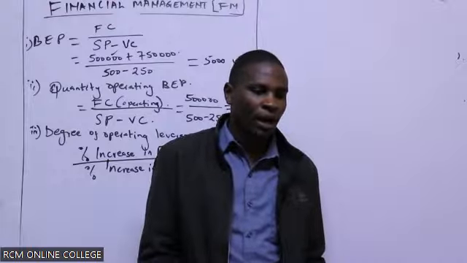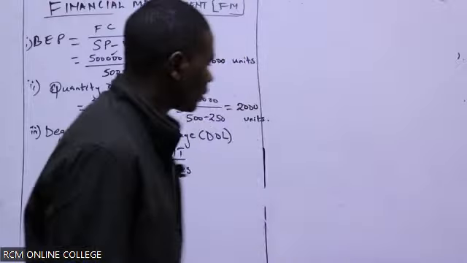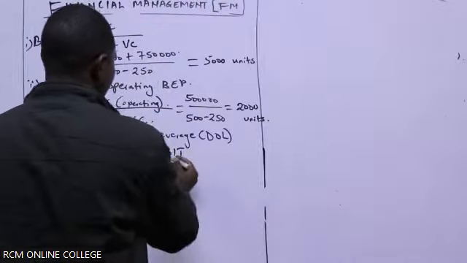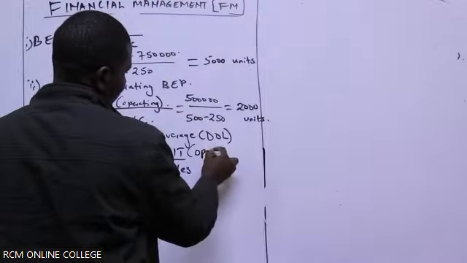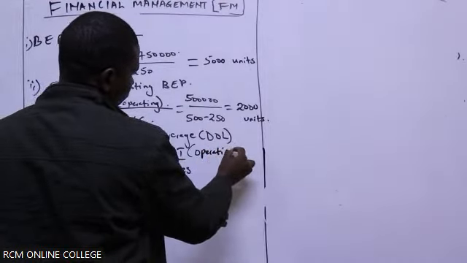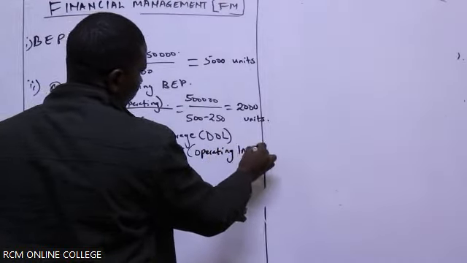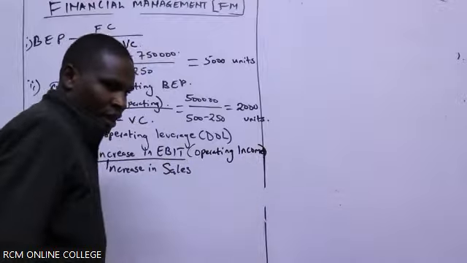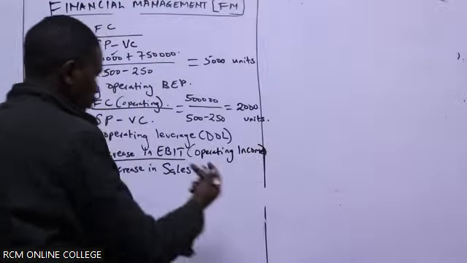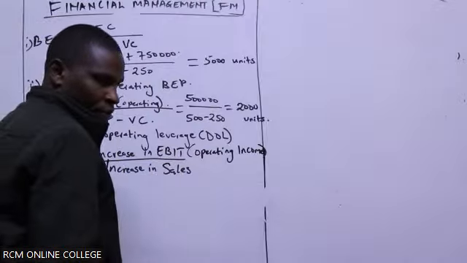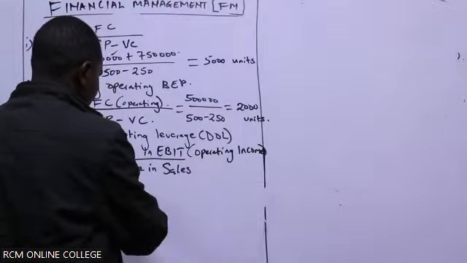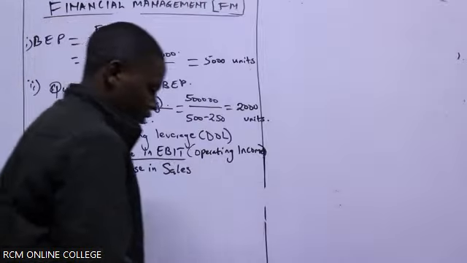Yeah, unaona, now I want to elaborate. Unaona, earning before interest and tax, that is what we call operating income. Good, operating income. Are we together? Nataka ushike pia, we shall be using EBIT. Shike hiyo, sawa. And then percentage increase in sale.